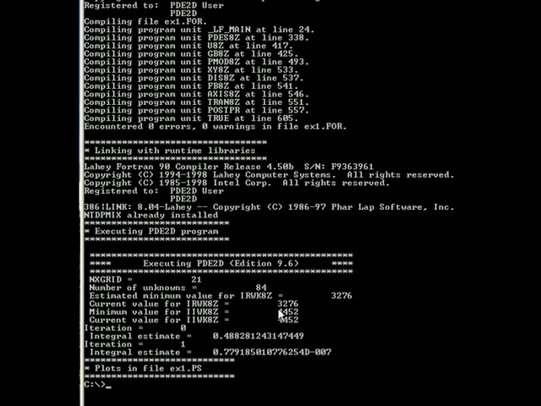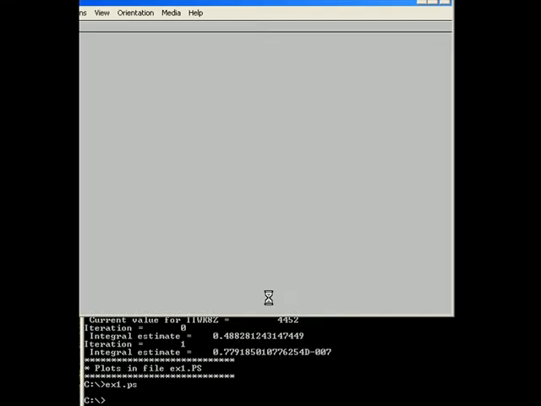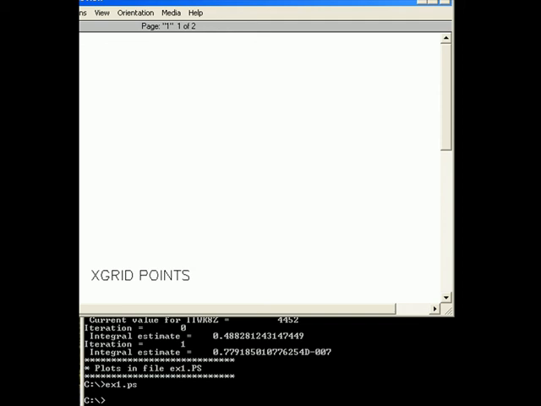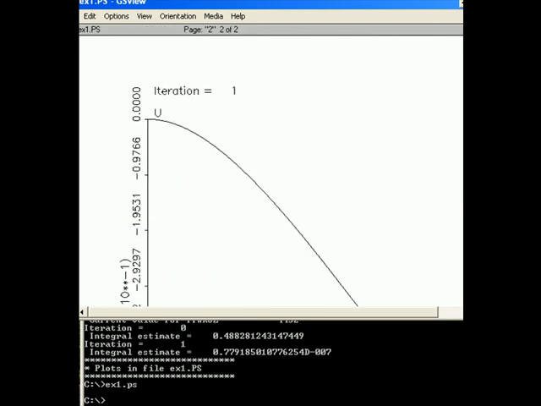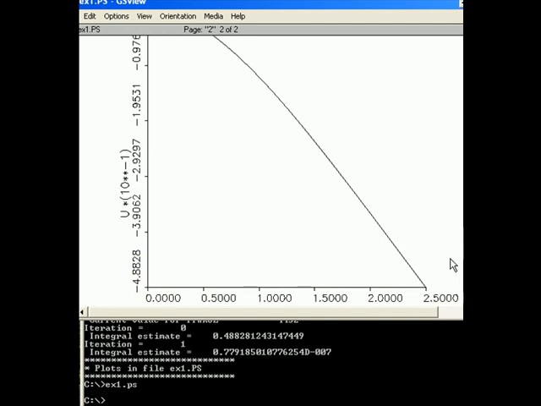And let's look at the output, the plot of the height of the beam. And there it is.